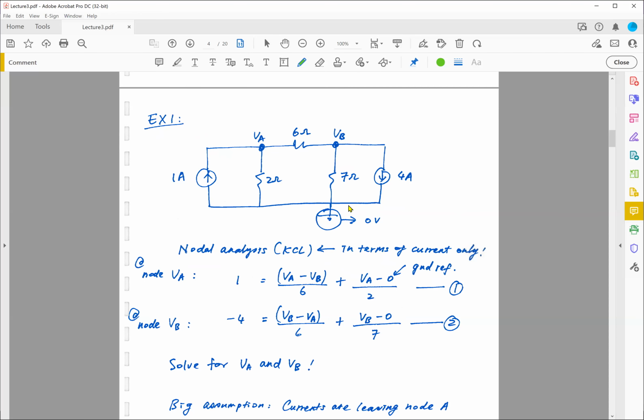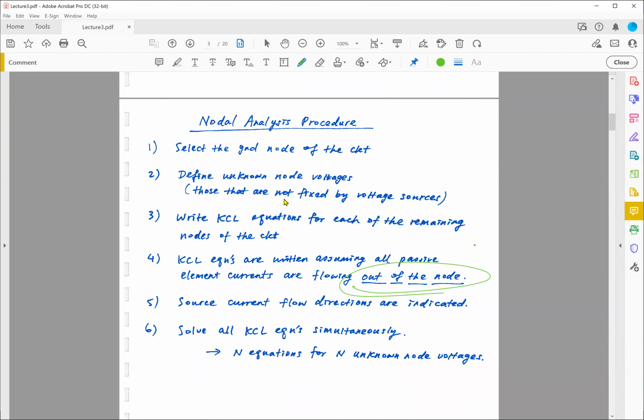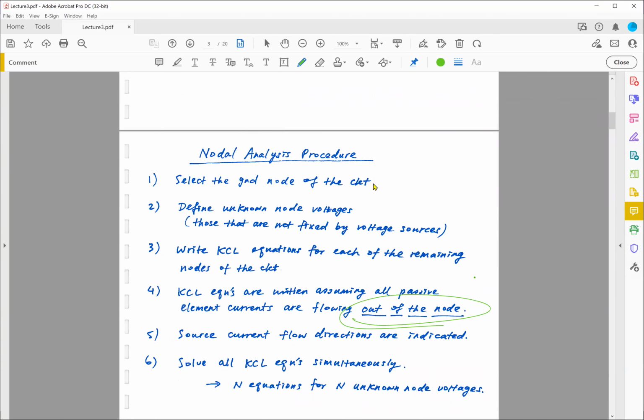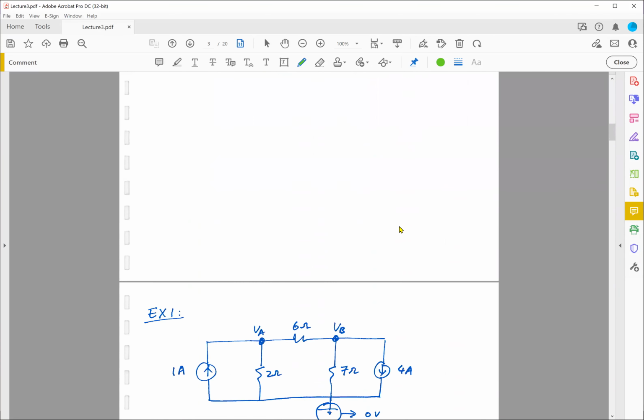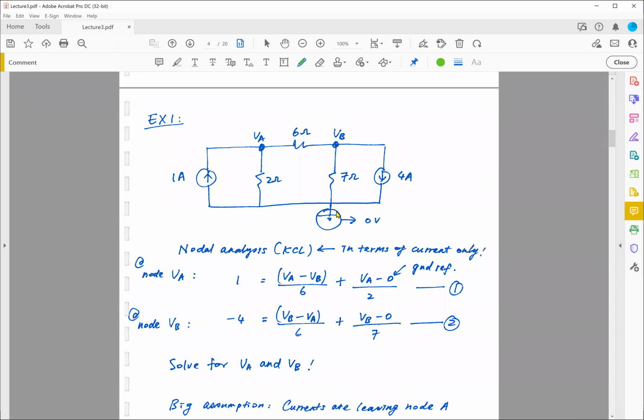So over here, I'm going to first select the ground node. In this case, I'm going to put my ground on the bottom here. And the reason I chose this to be my ground is because all these branches converge to this one common point. And this one common point is the best place for me to insert this ground without disturbing the nature of this circuit.